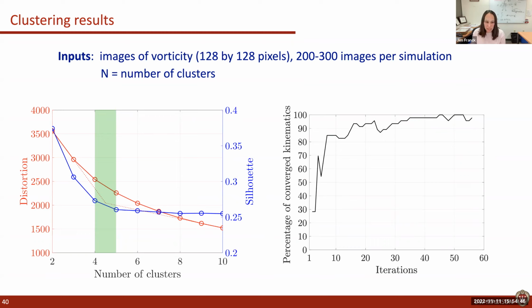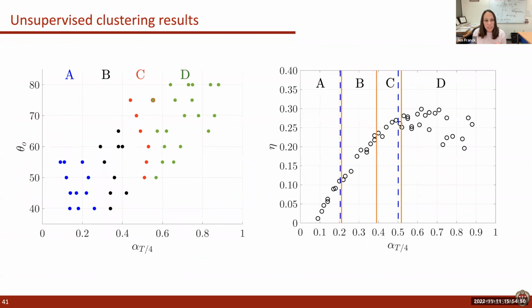So this is telling us that we want somewhere around 4 to 5 clusters. And the results are shown here, where 4 clusters are determined automatically by the algorithm. And these clusters happen to be very close to what we originally had for our classification and our previous 3 regimes, with the exception that we have drawn an extra line through the middle regime.